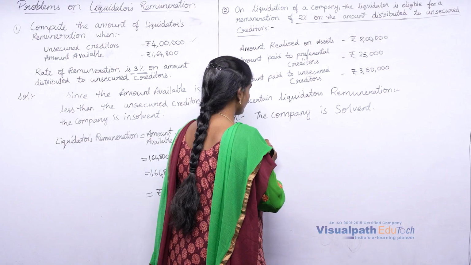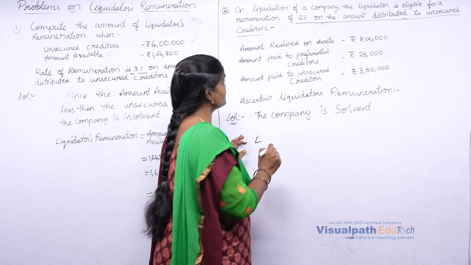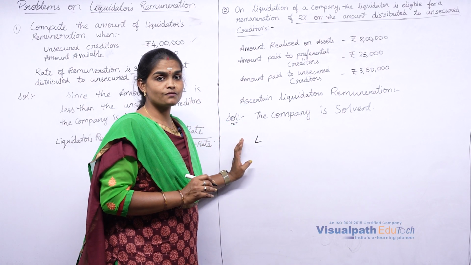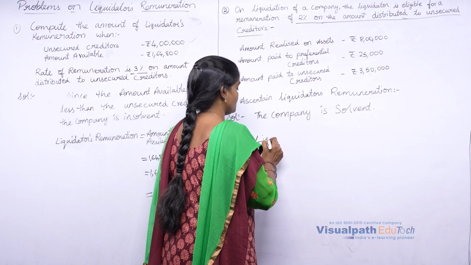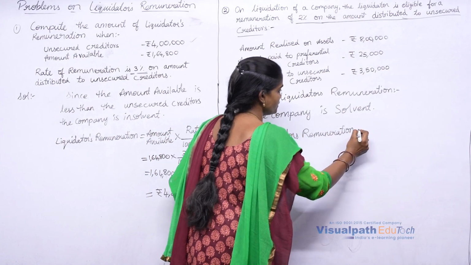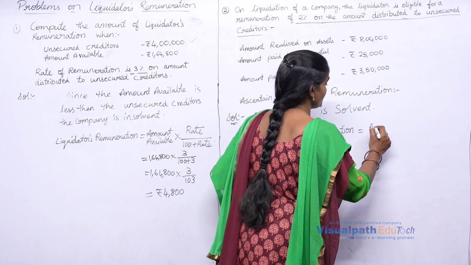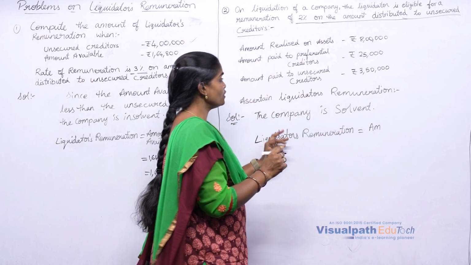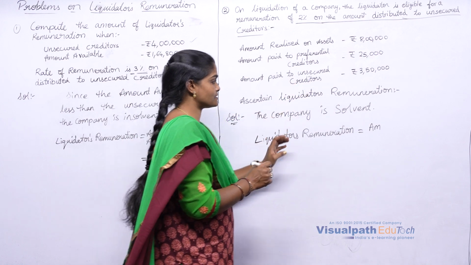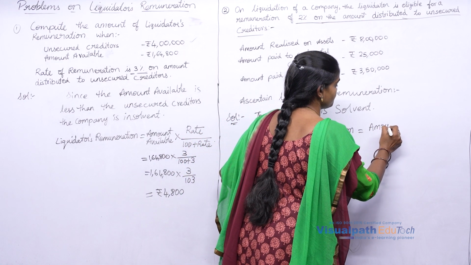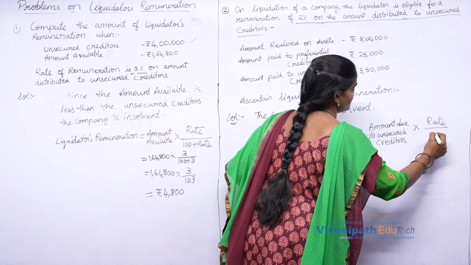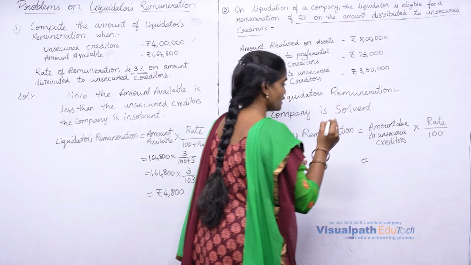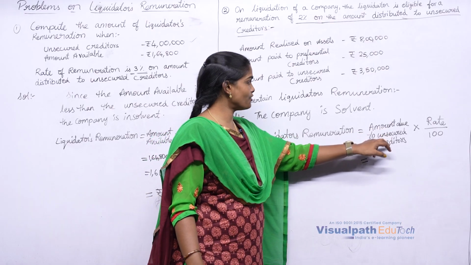So how do we find out the liquidator's remuneration? Which formula do we use? Liquidator's remuneration is equal to the amount due to unsecured creditors into rate by 100.